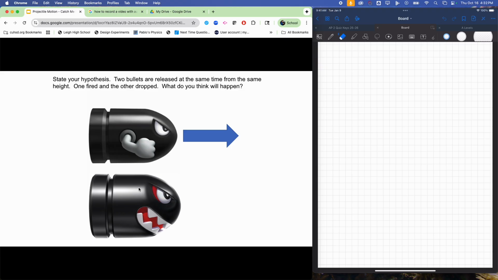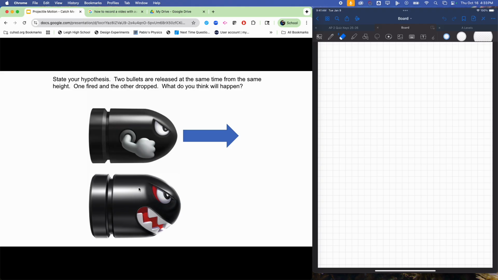Most people said that the marble that was dropped would hit the ground before the marble that was horizontally launched. Very few people said the horizontally launched marble would hit the ground first. And a small minority of students said that they thought that both marbles would hit the ground at the same time. And when we tested it, we found out that, in fact, both marbles hit the ground at the same time. Why did that happen?